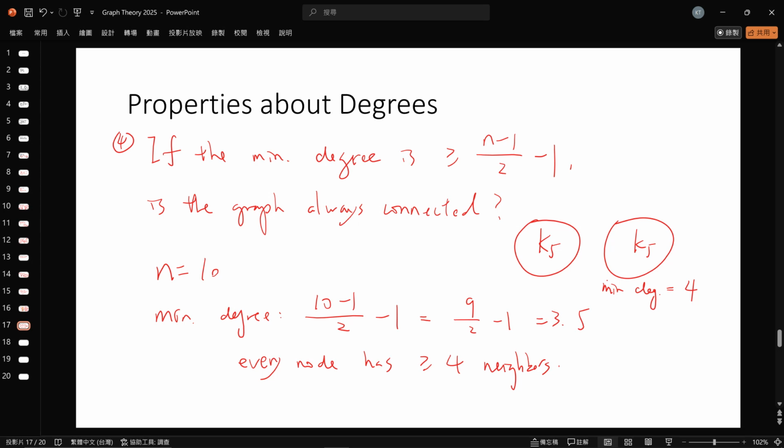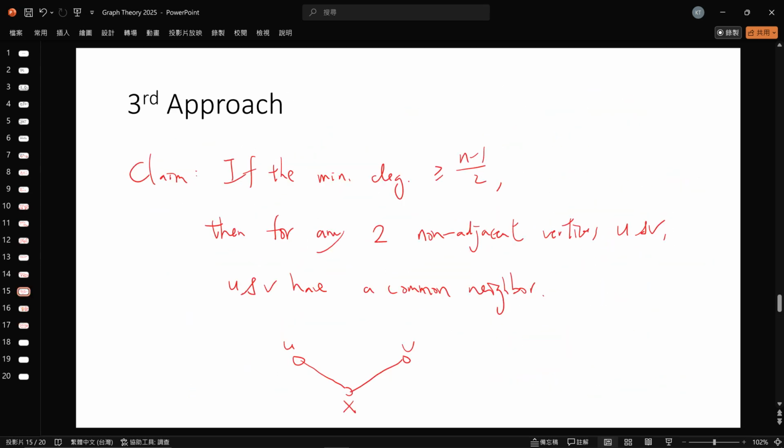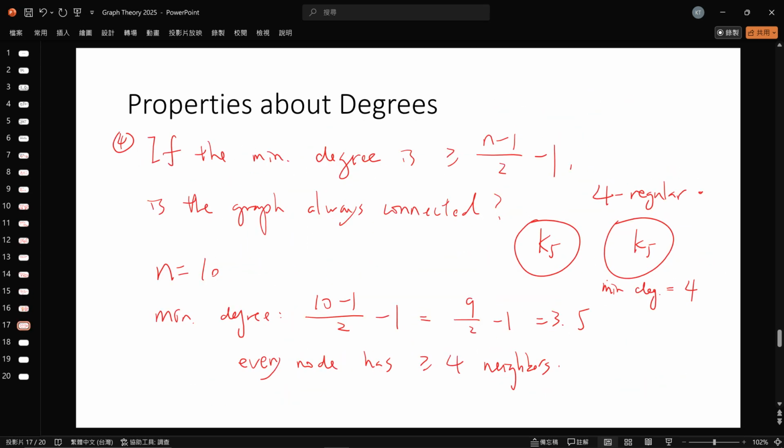So in this case, we can say that this is a 4-regular graph. A 4-regular graph means every vertex has exactly 4 neighbors. All right, so this is a counterexample.